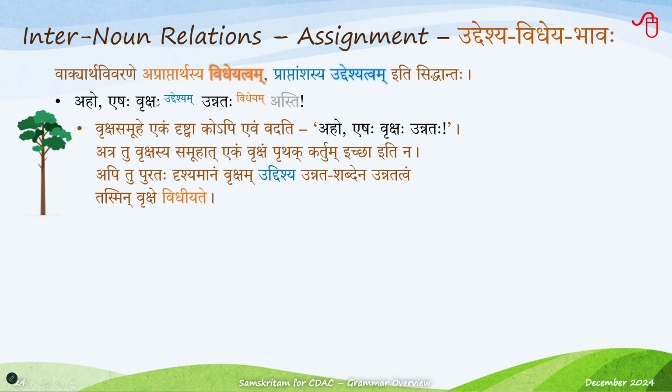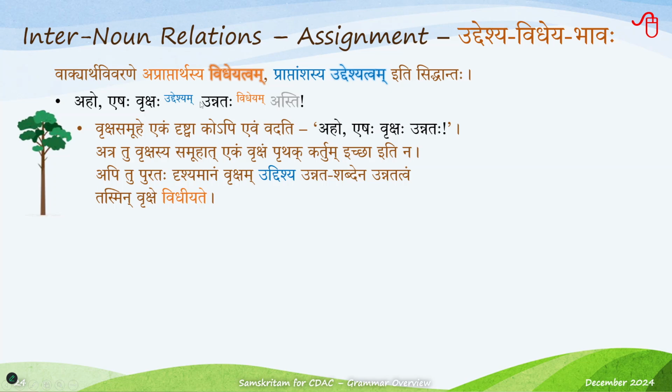So there is a Uddeshya Vidheya Bhava also between Vriksha and Unnata, and also what we call Visheshana Visheshya Bhava. This is Visheshya, this is Visheshana also. That force continues to exist. Why does it exist? Because the same linga, same vachana, and same vibhakti: Pratama, ekavachana, pullinga, vrikshaha, unnataha.